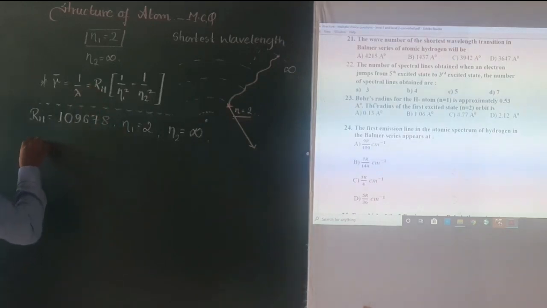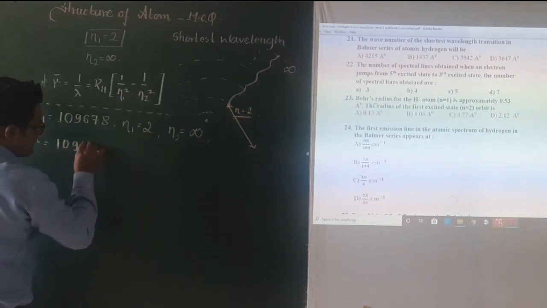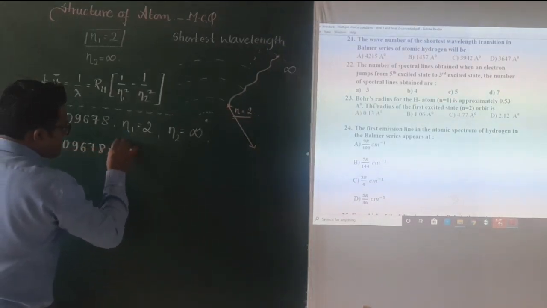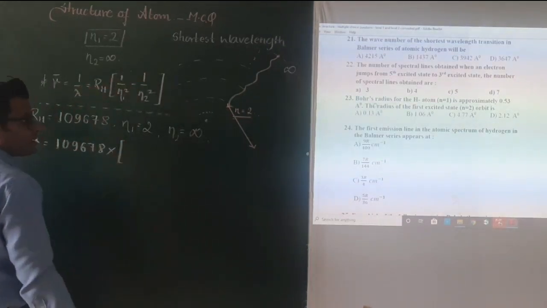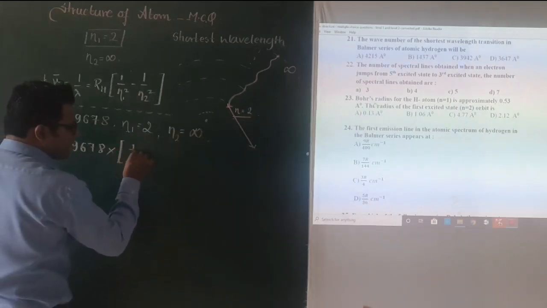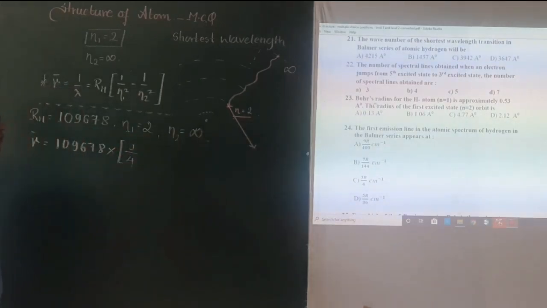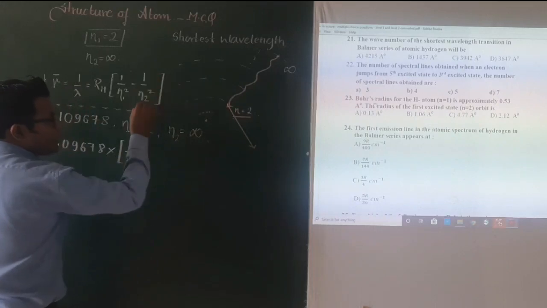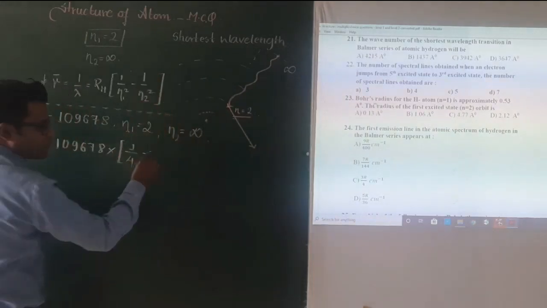So nu bar is equal to 109678 into 1 over N1 square. N1 is 2, so directly I will write 1 over 4 minus 1 over infinity square, which is nothing more than 0.